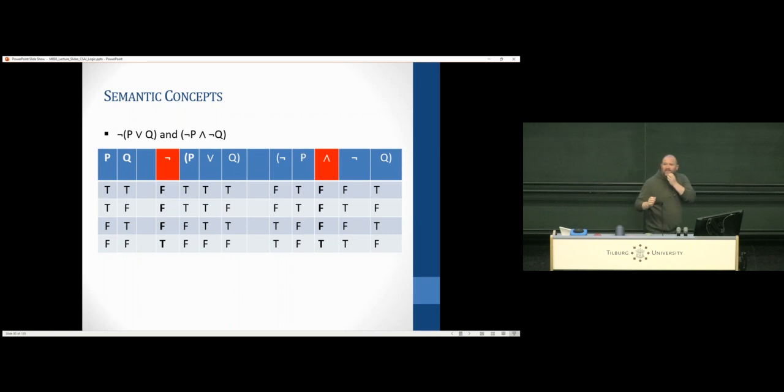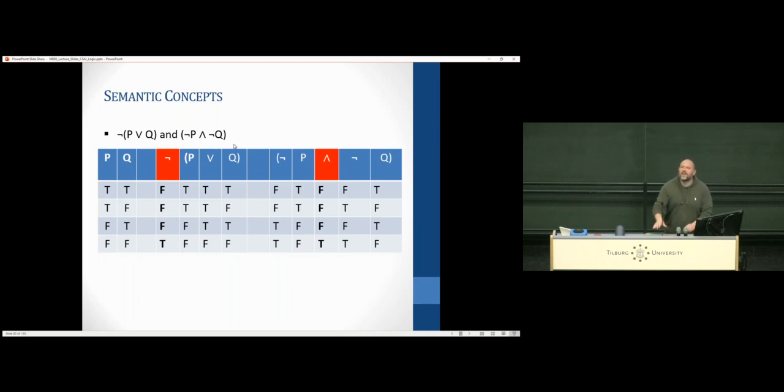Now it's worth stressing, when we say they have the same truth values in all valuations, the only thing that matters here is the main logical operator. The rest of that is just a means to get to whatever truth value we're putting in there. This column is the truth value of this whole sentence, and this column is the truth value of this whole sentence.